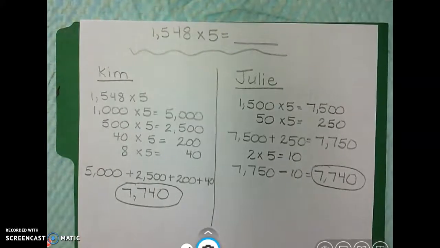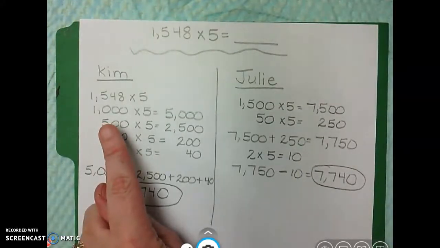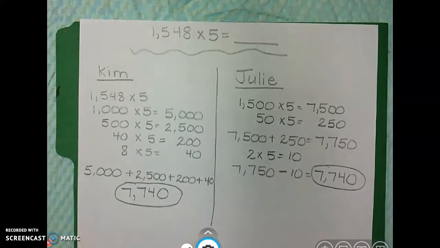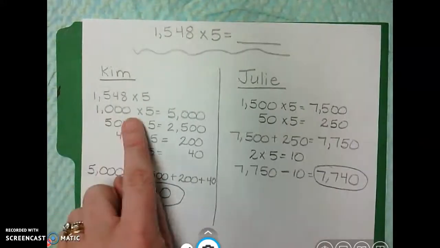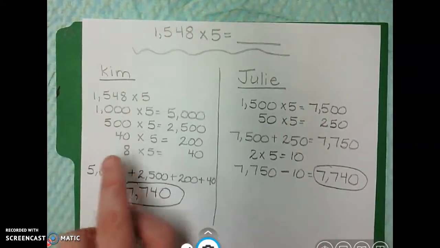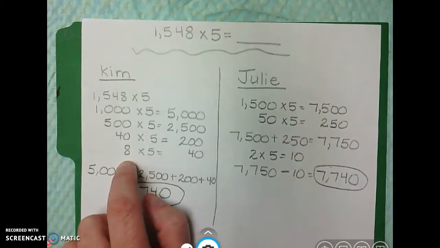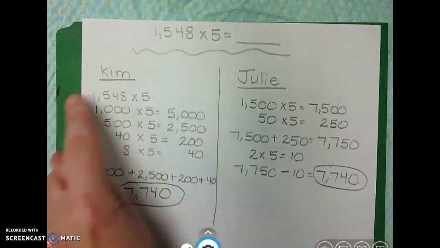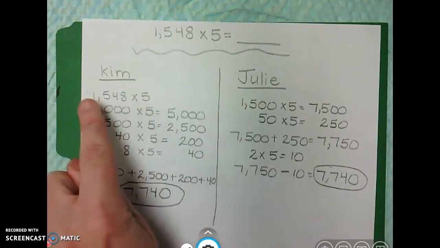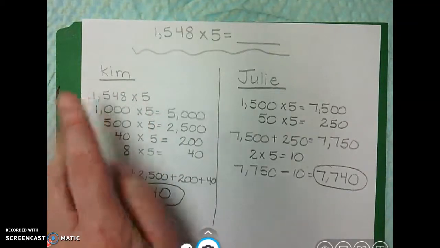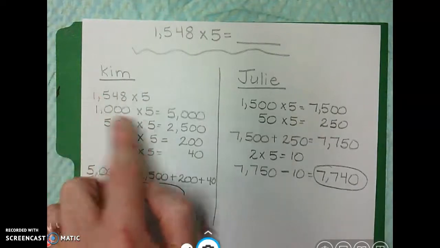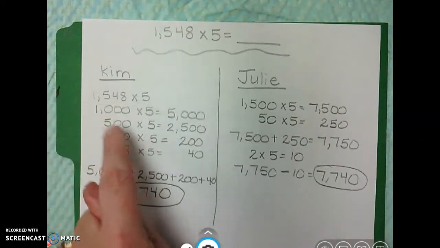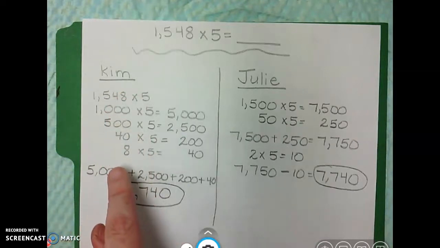All right, let's look at what Kim did. So Kim says, I broke up 1,548 into 4 parts. I broke it into 1,000, 500, 40, and 8. So all Kim did was decompose, or put the value of each of these digits. The 1's value is 1,000, the 5's value is 500, the 4's value is 40, and the 8's value is 8.